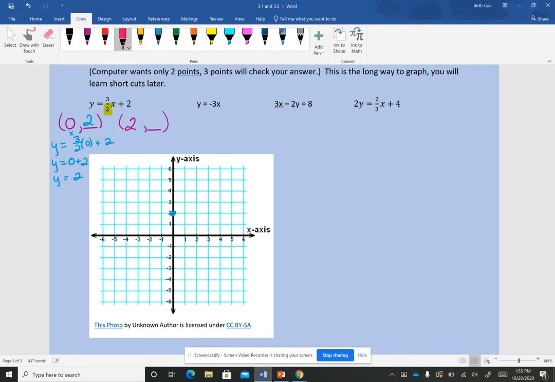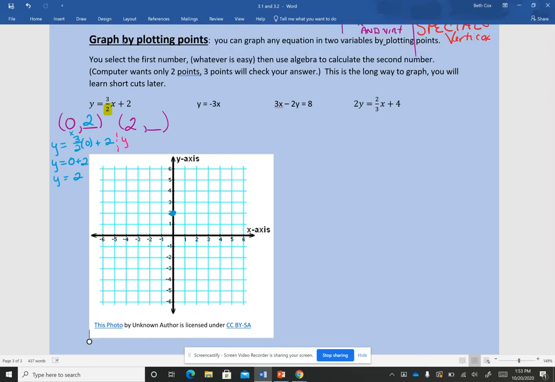All right, so I'm going to do y equals 3 over 2 times 2 plus 2. So now the 2's cancel. That's why I did it. And I have 3. And 3 plus 2 is 5.